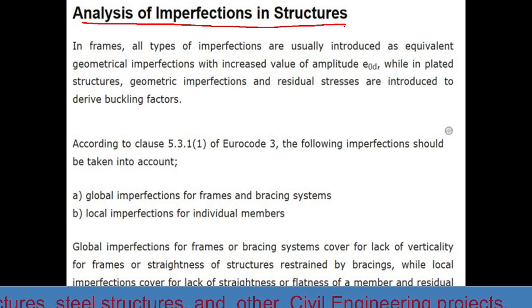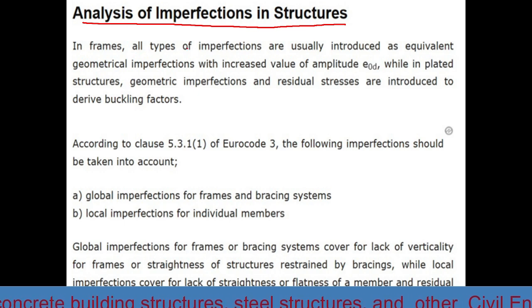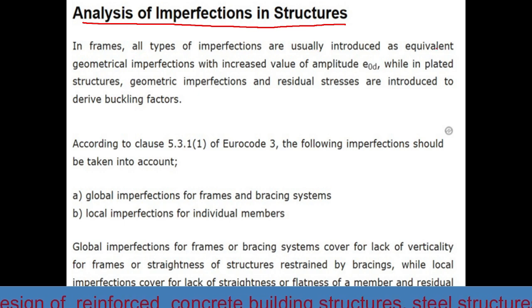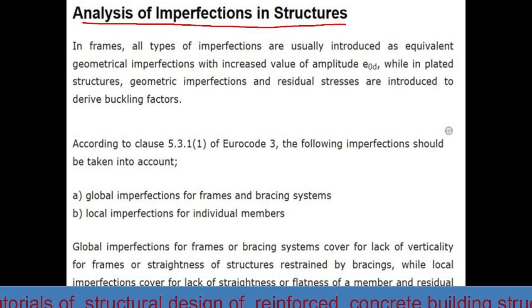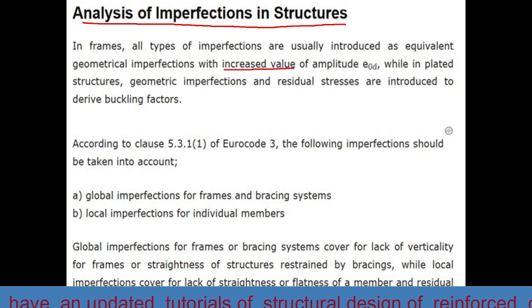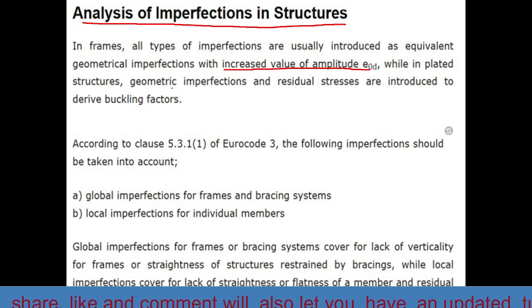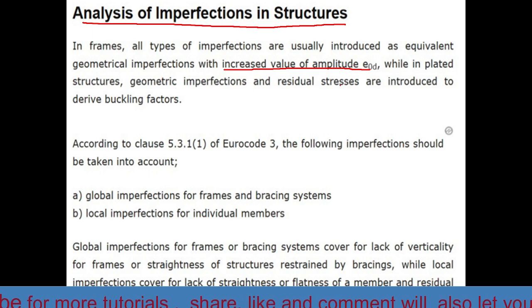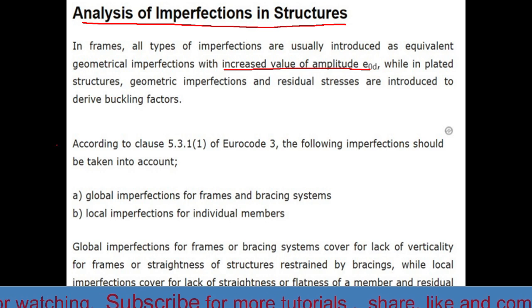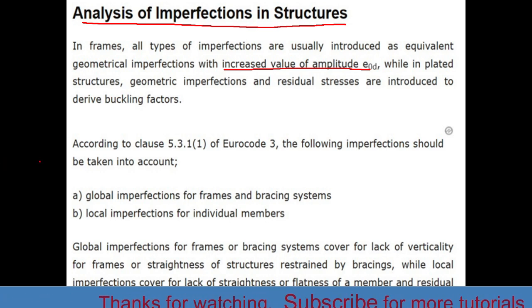In frames, all types of imperfection are usually introduced as equivalent geometrical imperfection with increased value of amplitude, while in plated structures, geometric imperfections and residual stresses are introduced to derive the buckling factor.